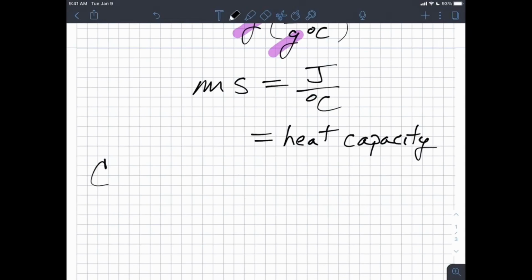And so we could have the heat capacity times the change in temperature is going to equal the opposite of the mass times the specific heat times the change in temperature. And so in the case where we're adding grain to water, you're probably saying, well, that's only one thing.